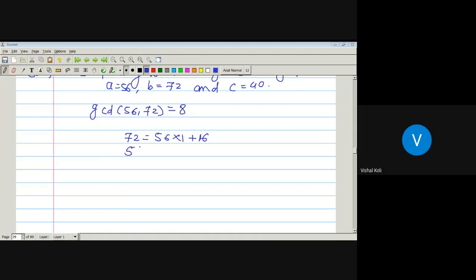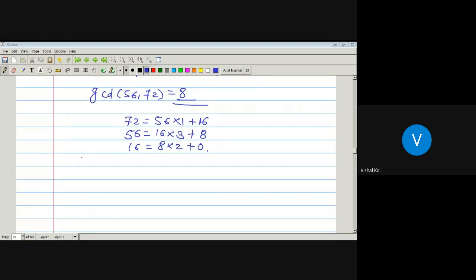Again 56 can be written as 16 into 3, which is 48, plus remainder 8. And 16 can be written as 8 into 2 plus remainder 0. So 8 is the GCD. Now, does 8 divide 40? Yes, sir. As 8 divides 40, the given equation has a solution.